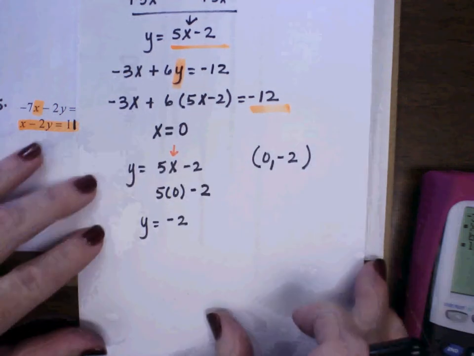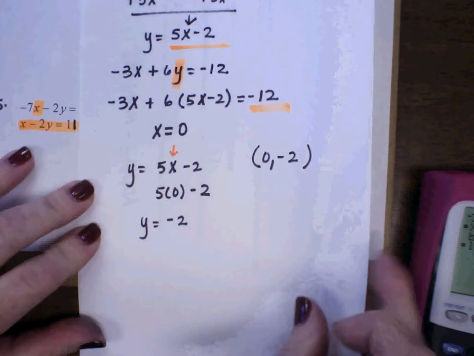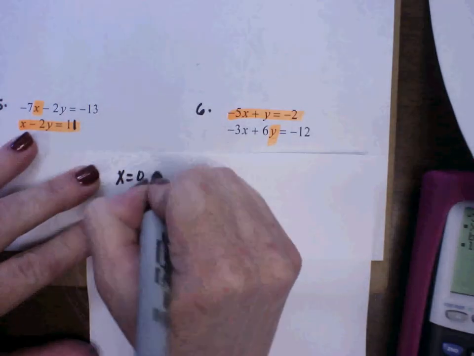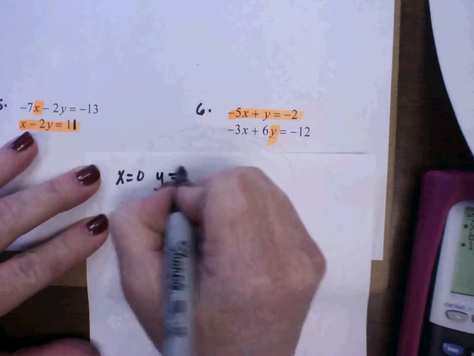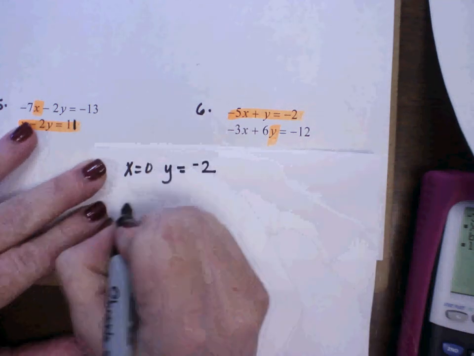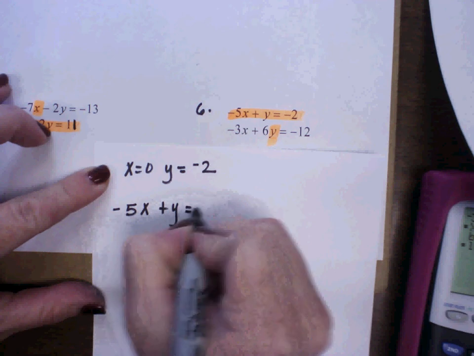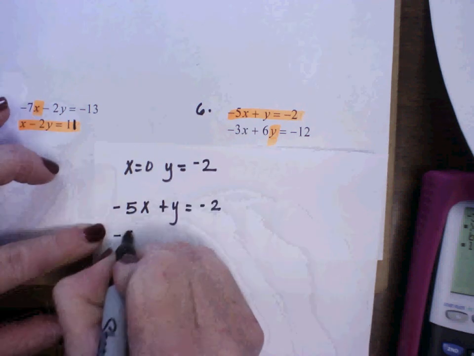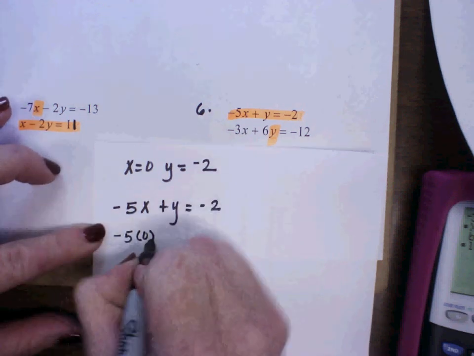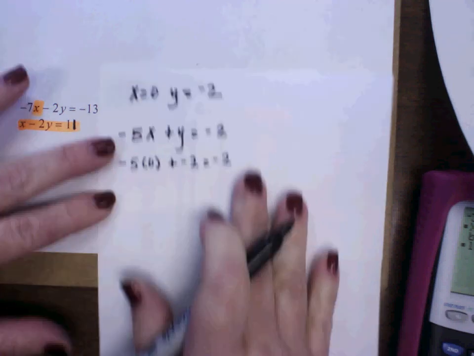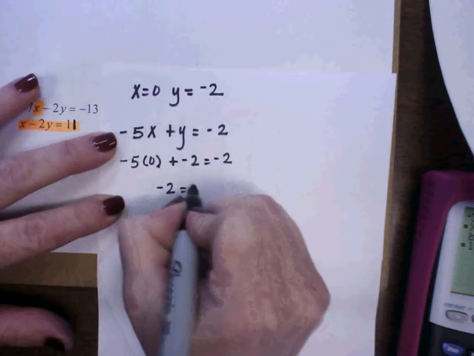All right, let's substitute it to make sure that it is correct. So x equals 0 and y equals negative 2. So negative 5x plus y equals negative 2. So this is negative 5 times 0 plus negative 2. That would be 0. So negative 2 equals negative 2.